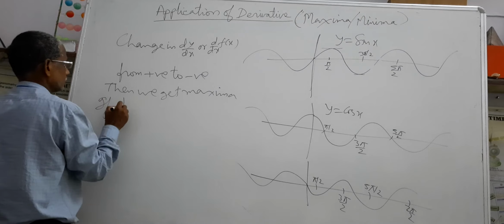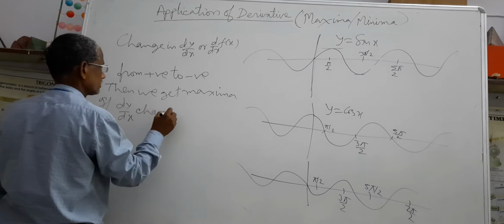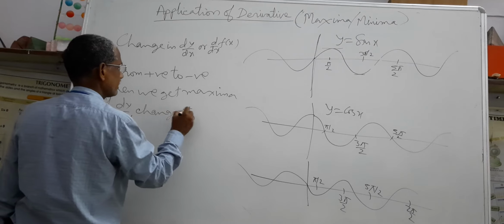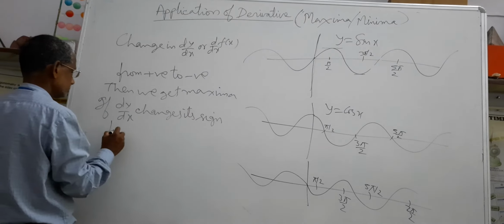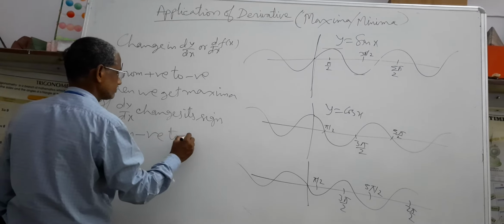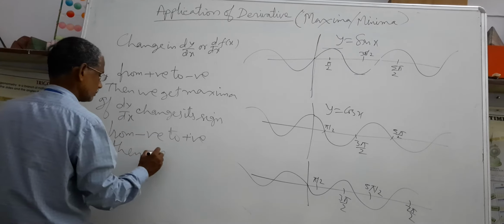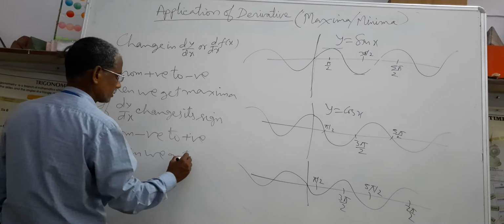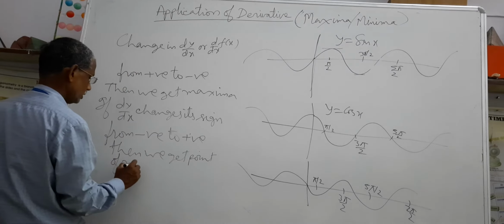If dy dx changes its sign from negative to positive, then we get point of minima.